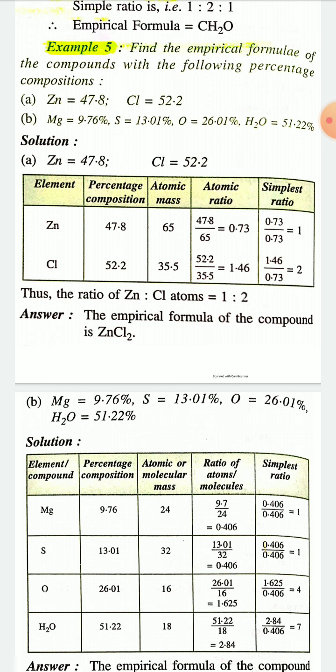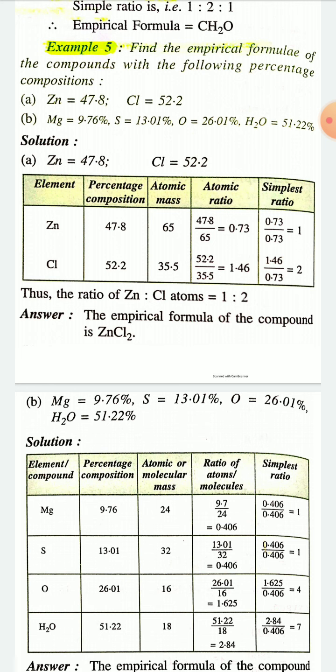Now we have to divide the atomic ratio of both zinc and chlorine by 0.73. Okay, so the simplest ratio becomes zinc 1 and chlorine 2. So in the compound of zinc and chlorine, the ratio of zinc atoms to chlorine atoms is 1:2. So the empirical formula of the compound of zinc and chlorine is ZnCl2.